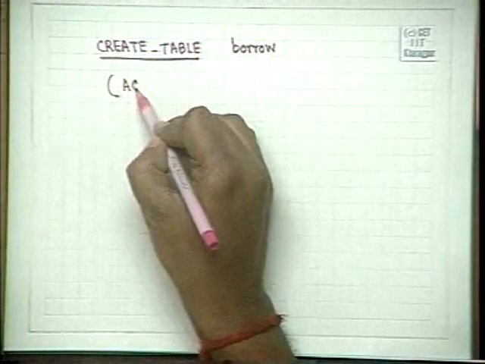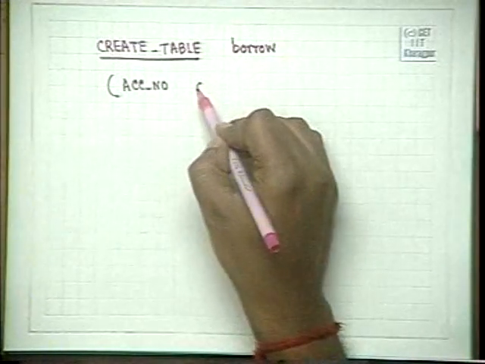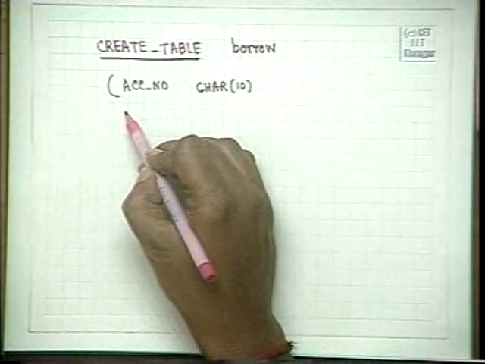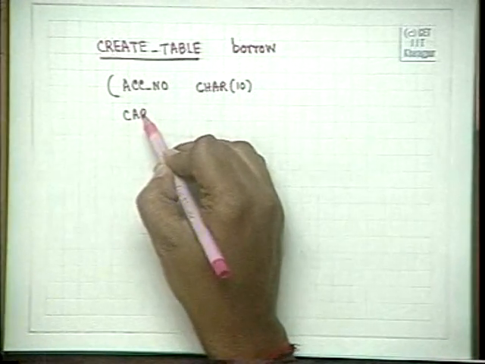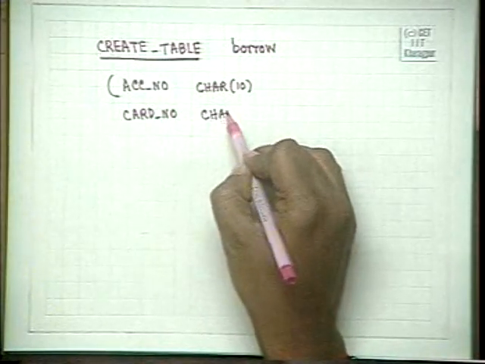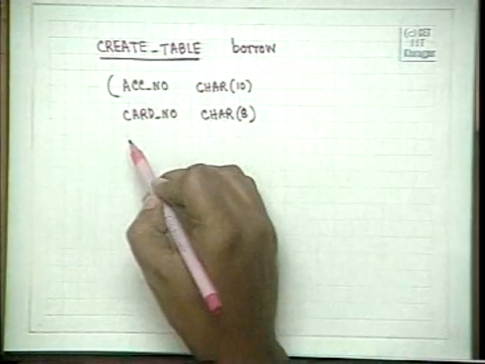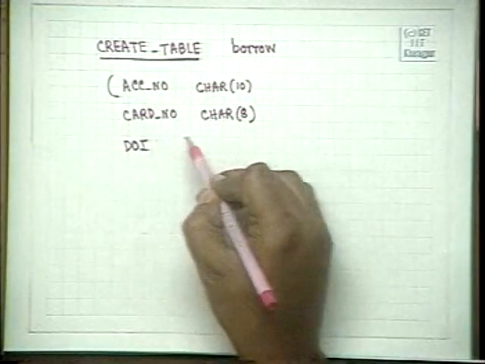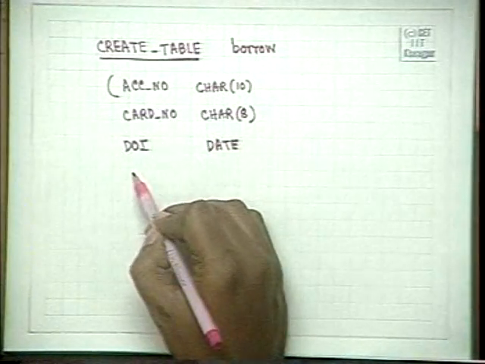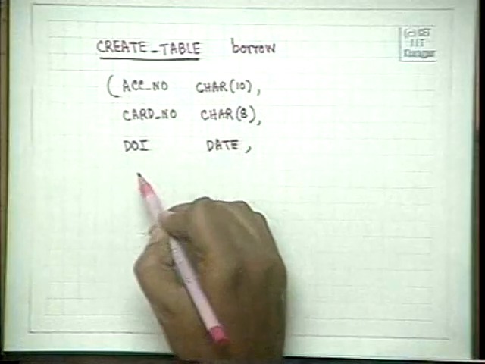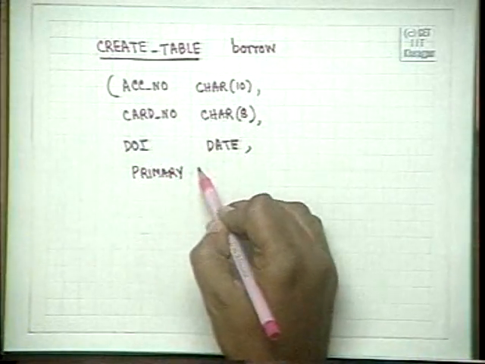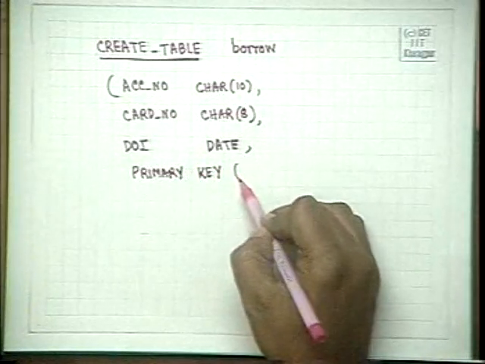We have got accession number, which is a type character, then we have got card number, which is another, say, character 8, and we have got date of issue, which is of date type. And we have got primary key, accession number.